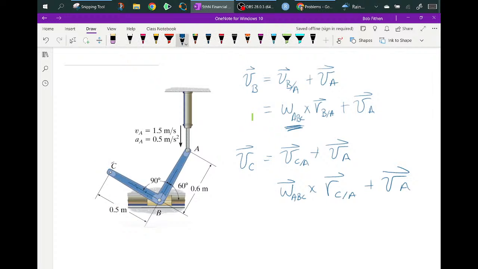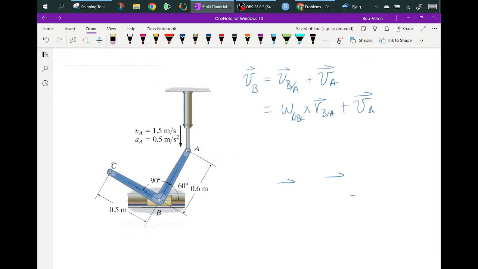So the first thing, let's do the upper one. But before we do that, we're going to do something interesting. I know this goes to the right or the left. It's going to go this way, or it's going to go that way. But a perpendicular is going to go straight up.